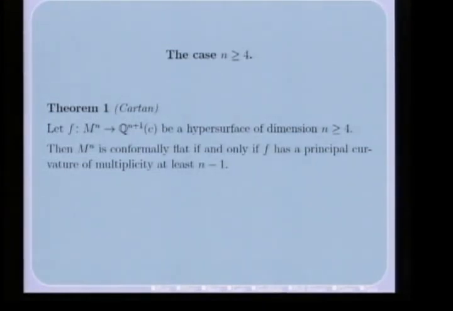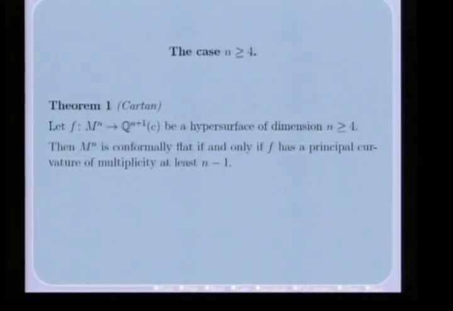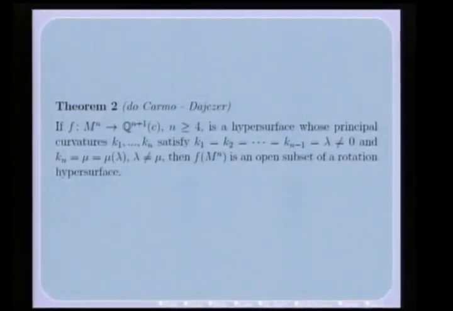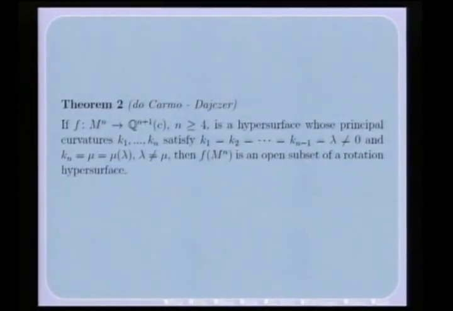And if one adds an assumption like having constant mean curvature or being minimal, one can use this result by Manfredo and Marcos, which says that if you have a hypersurface with only 2 distinct principal curvatures, one of which has multiplicity n minus 1 and the other one simple, and if those principal curvatures satisfy a functional relation, then it must be an open subset of a rotation hypersurface.